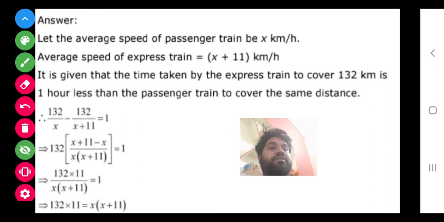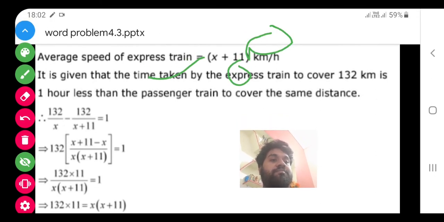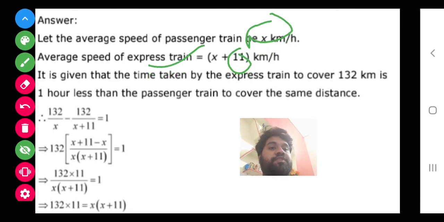As it is given, the speed of the express train is 11 more than the passenger train. So first of all we will consider the passenger train as x, then the express train will be x plus 11. Now according to the condition, the time taken by the passenger train is this and the time taken by the express train is this.